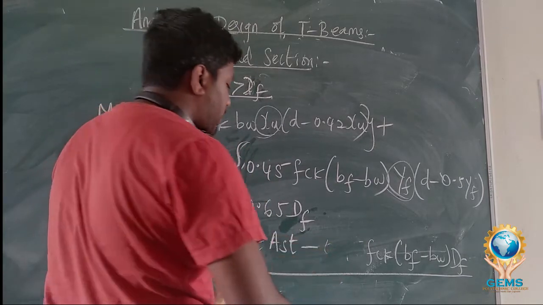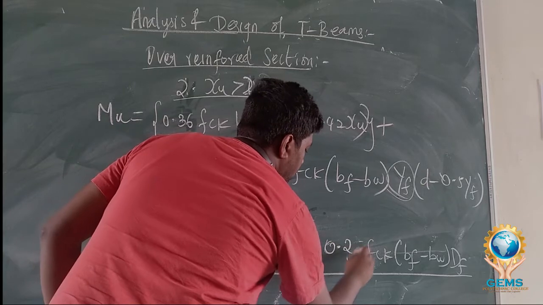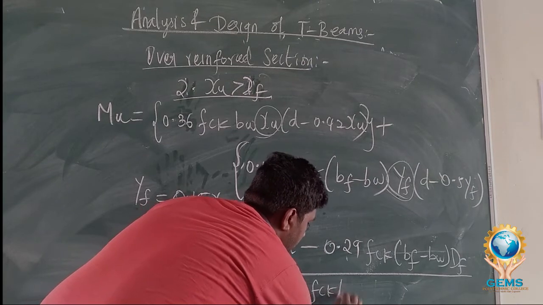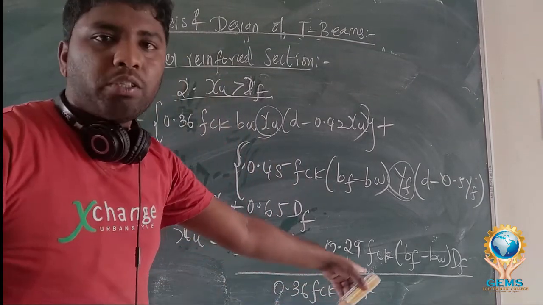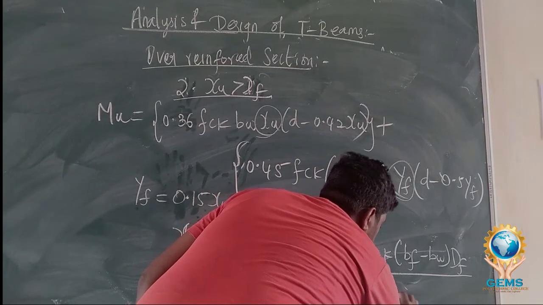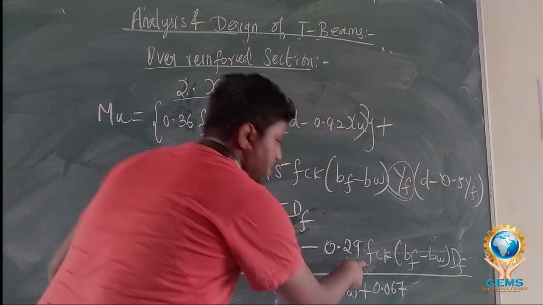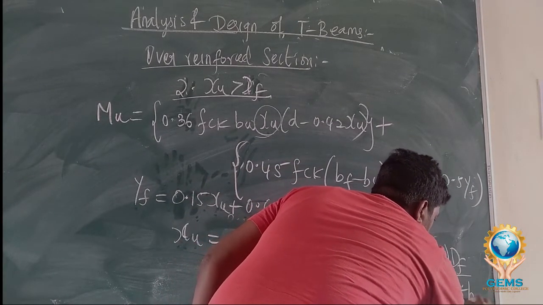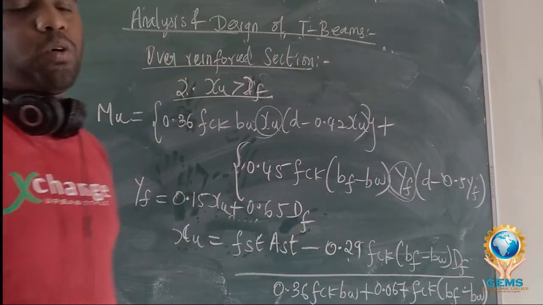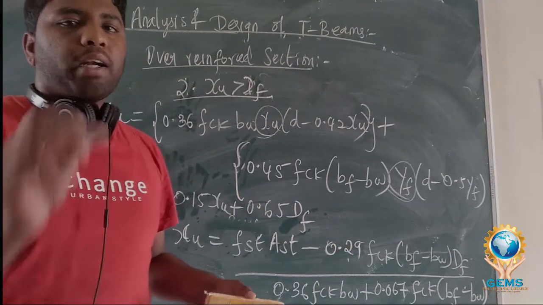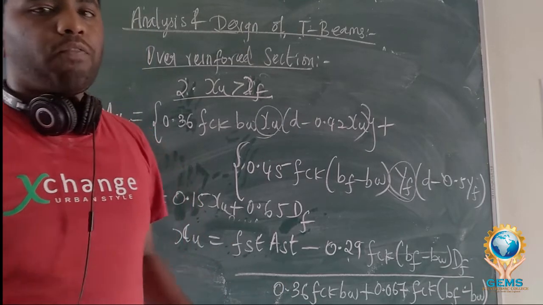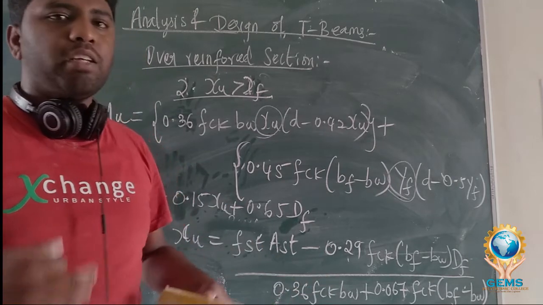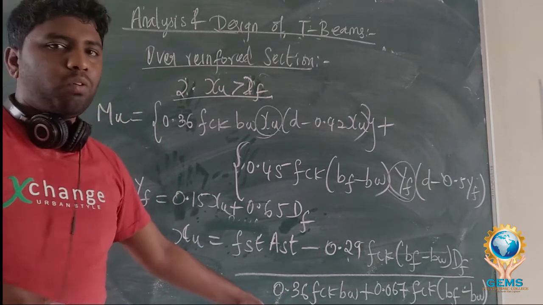As you already know, here you put 0.29 and the same 0.36 FCK BW plus another 0.067 into FCK BF minus BW. You understand? It's very simple to memorize the formula. Once you practice problems, you can easily take the formula from your own memory. You will not need to worry about having the code book. Very easy to memorize.